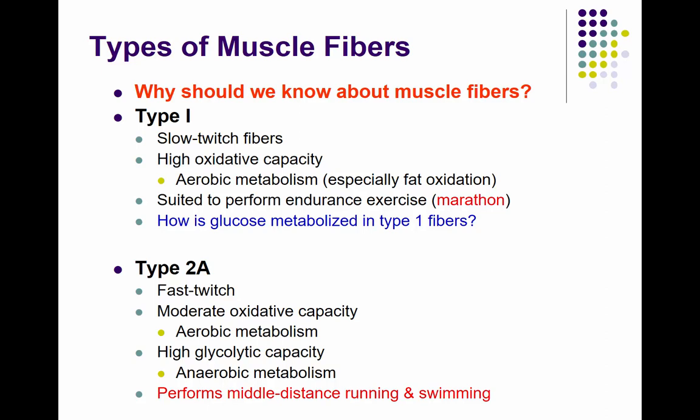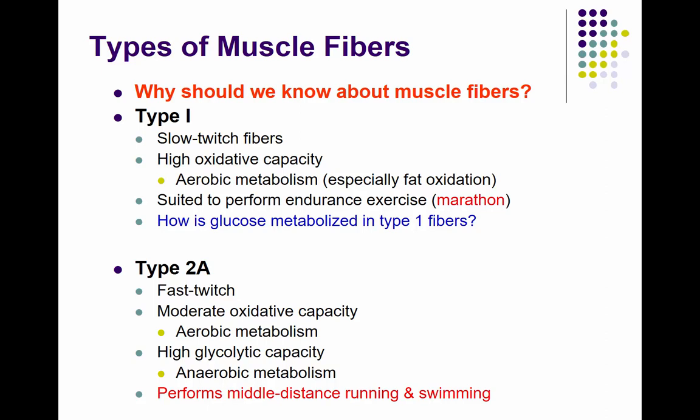In terms of energy utilization, the muscle glycogen content is usually limited, right? The glycogen store is not able to meet all the energy requirements during the whole exercise period. So that means muscle needs to utilize a different type of energy source, particularly fat, for energy.